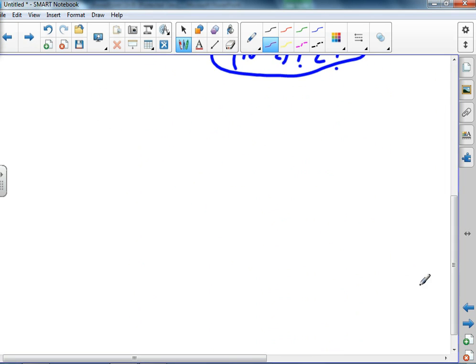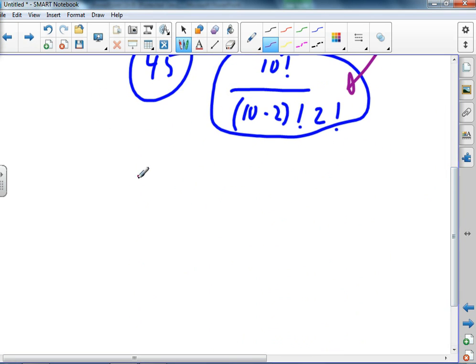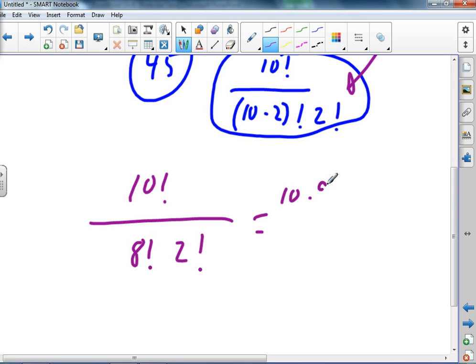So if I go 10 factorial divided by 8 factorial times 2 factorial, well, 10 factorial would be 10 times 9 times 8 factorial divided by 8 factorial times 2 factorial.